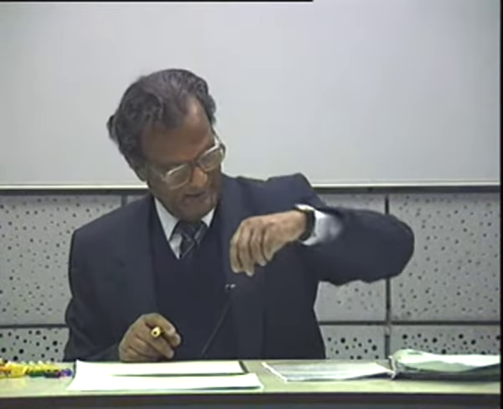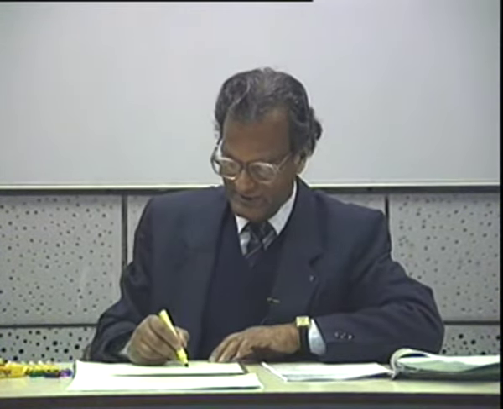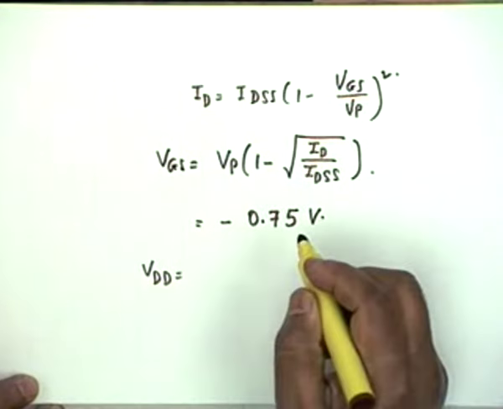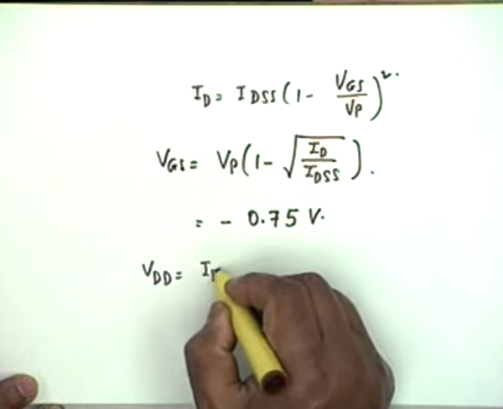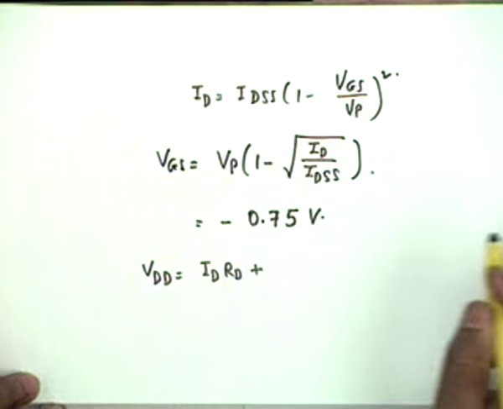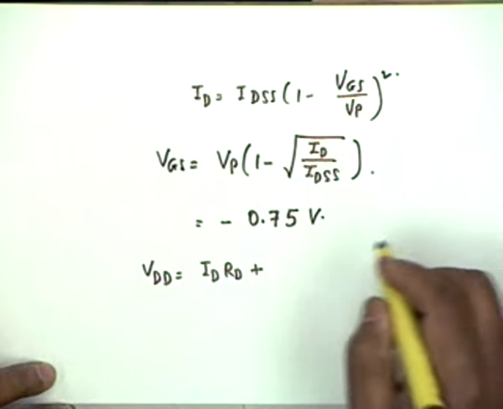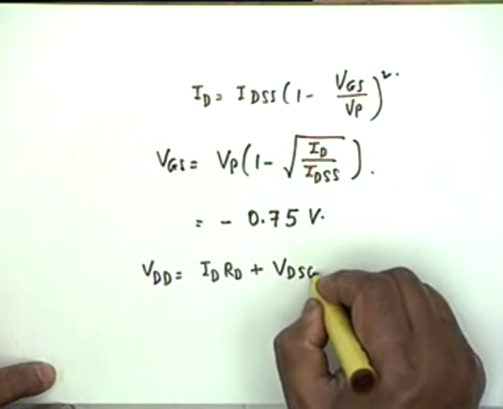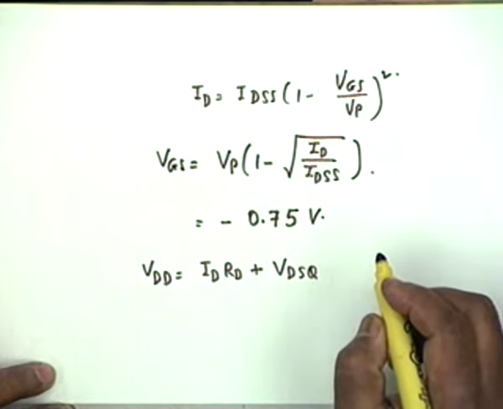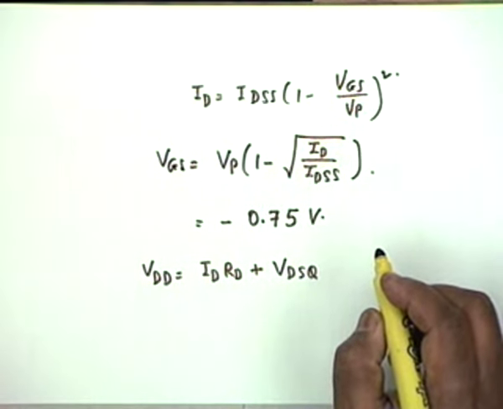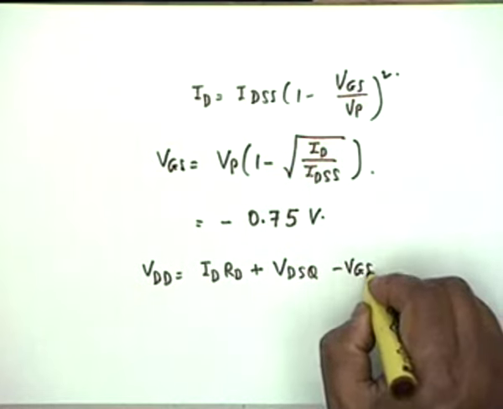Now, for VDD, you notice that VDD is equal to ID RD plus VDSQ, which is given, the operating point is given. Then when you go to S, you can then go to the ground via VSG, which is minus VGS.